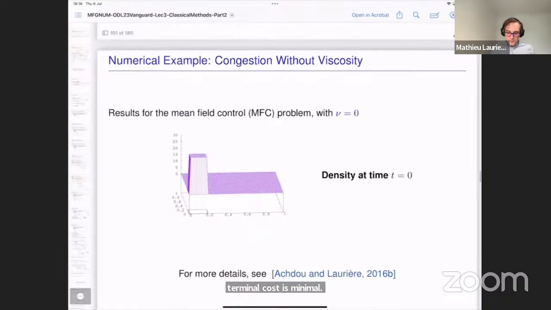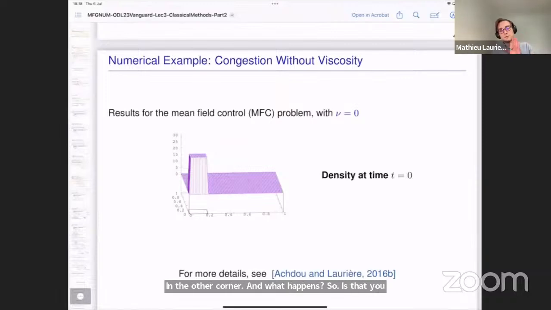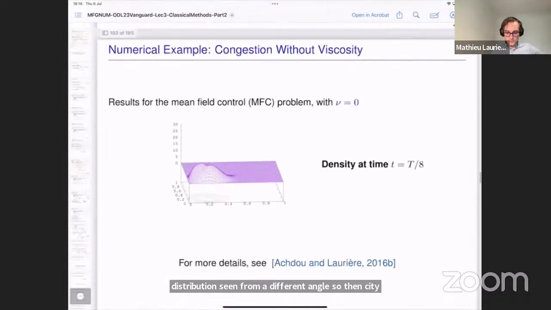And what happens is that you have the evolution. Again, this is the initial distribution seen from a different angle. So the density at time 0 is concentrated on a square, and then the mass moves. Pretty quickly, the mass decreases, and people start moving forward. Their goal is to move there, right?